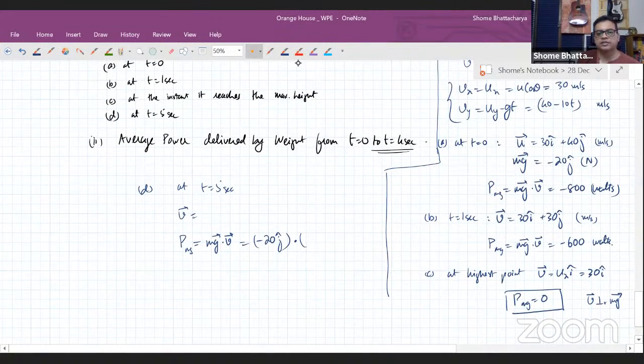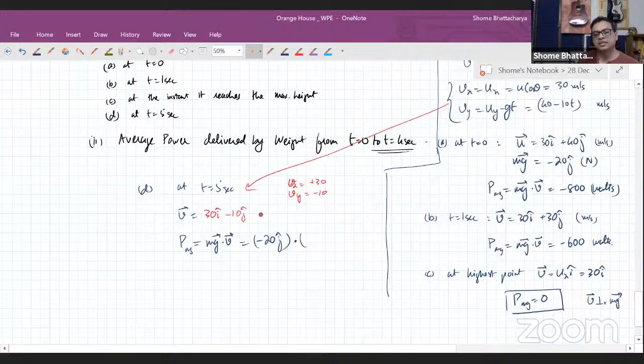Okay, so if you calculate this velocity using this formula here, you'll see that at 5 seconds, Vy will become minus 10. So your velocity will become 30 i cap minus 10 j cap in meters per second.